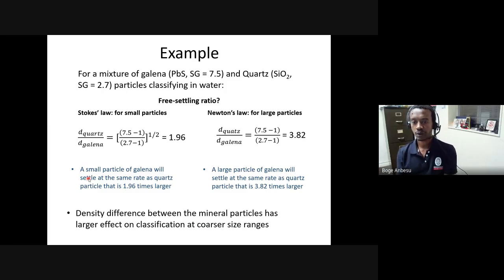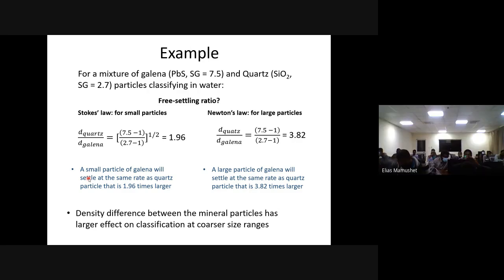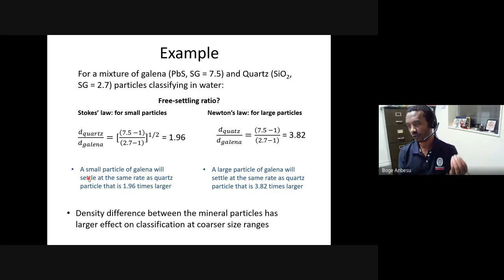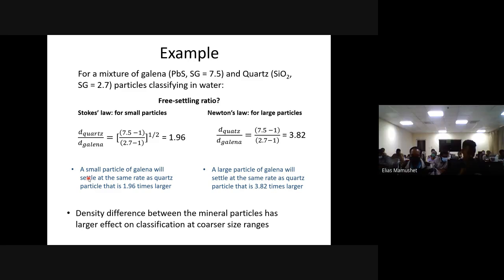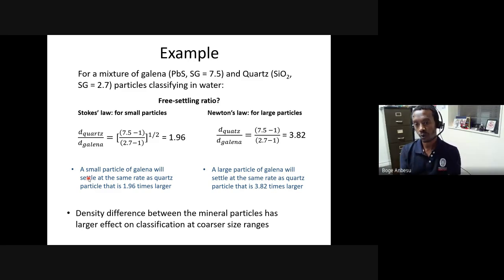If the quartz is 100 micron, the galena will fall first, settle first. But how about if the quartz was 125, 150 micron, and the galena was 100 micron? Which one settles first? Just because the quartz is larger doesn't necessarily mean it settles first, because it's actually lighter. So even if it is coarse, it doesn't mean it settles quicker.